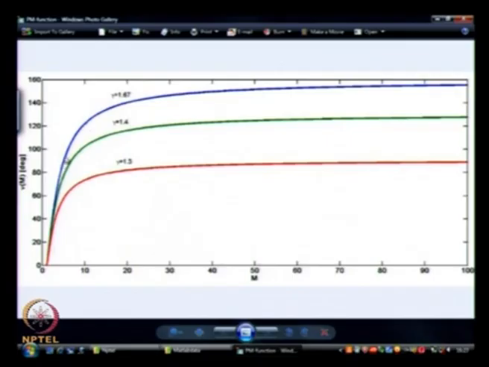What we are seeing is that I have to turn the flow a lot to accelerate it if I have a less compressible gas, gamma equal to a very high value. When I have an easily compressible gas, when I change the flow direction, that is I am sending an expansion fan, I need to turn it by only a small angle to increase the Mach number very highly.